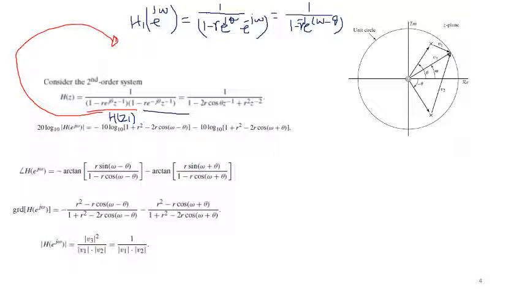Because they are multiplied and the bases are the same, the powers are added, so we can write it as 1 minus r e^(-j(ω−θ)), and expressing it into real and imaginary parts, that is, in rectangular format.